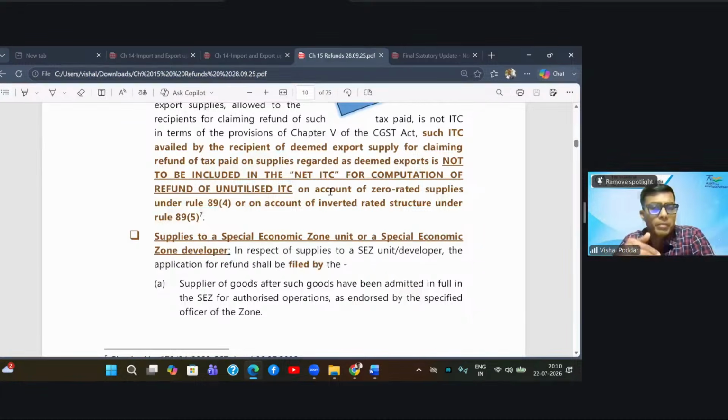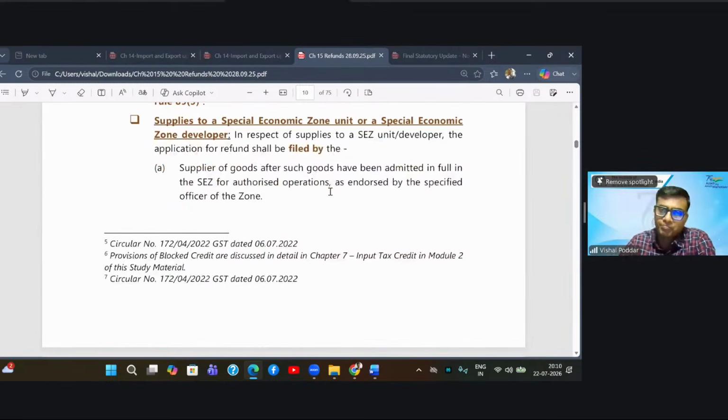So if the same recipient, that is a recipient of deemed export, is also entitled to any other refund because that person, let us say, is making some exports, in such cases, while doing the calculation of that other refund, the ITC will not include this ITC because this is allowed as a refund separately under the deemed export category.